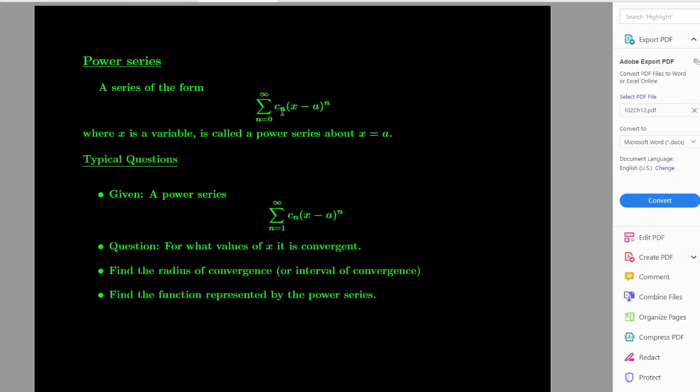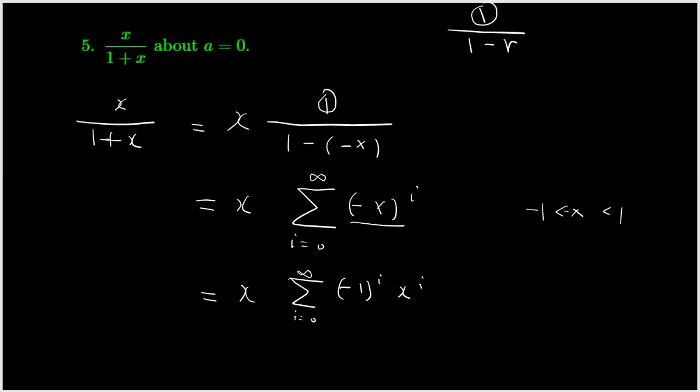Now every term is in the form of a number times a power function of x minus a. In this particular case, the a value is 0. Of course, you do not have to write 0. Still, this is true when x is in between negative 1 and 1.